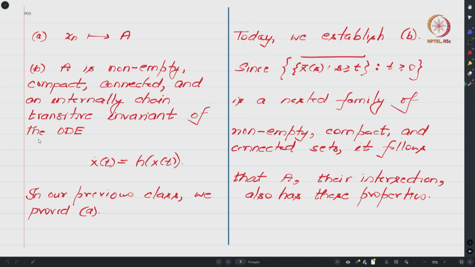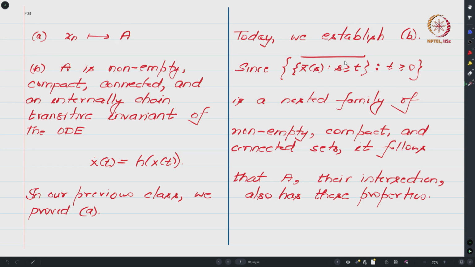So, let us begin by focusing on these 3 aspects, that is non-empty, compact and connected. And that is easy to show in the following sense. You have this closure of the tail of your linearly interpolated trajectory for different values of t, and for any t this is actually a non-empty, compact and path connected set. I mean, this is a linear interpolation and hence it is trivially path connected.